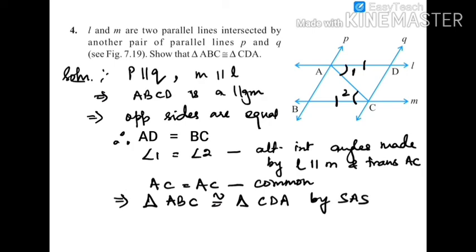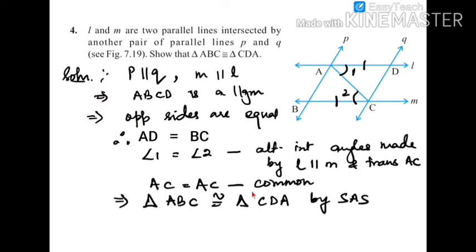Try using angle side criteria to prove these two triangles congruent. We know that in a parallelogram, the opposite angles are equal. So angle B will be equal to angle D. And angle 1 is equal to 2 because they are alternate interior angles, and AC is common.